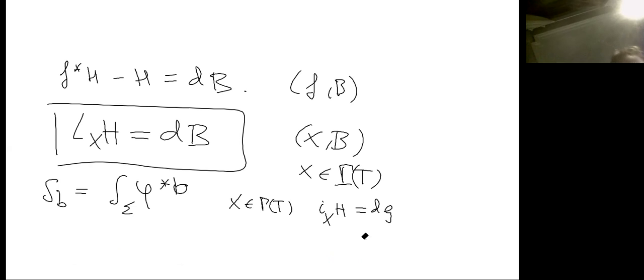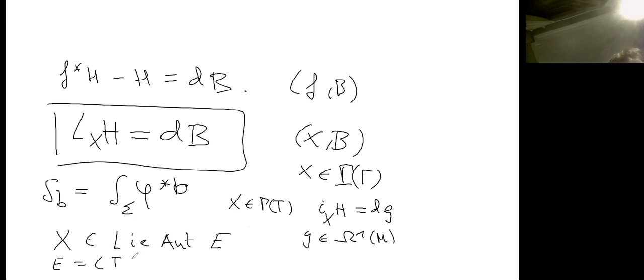Then what happens for some one-form G is that X itself is an element in the Lie algebra of the automorphisms of E, where E is determined by H, the T plus T star with pairing and bracket.